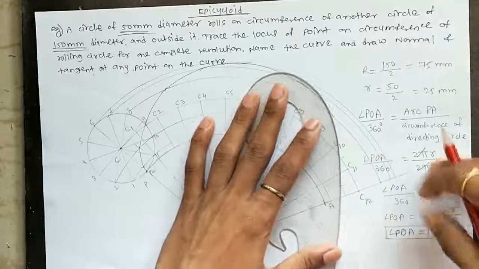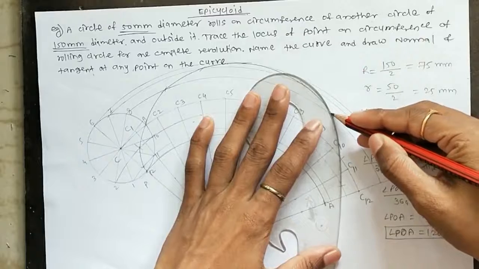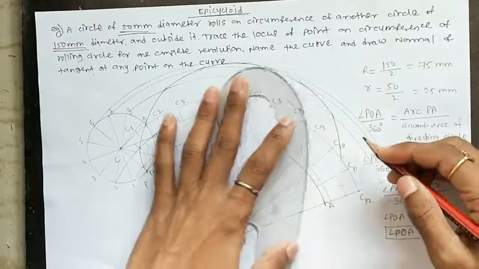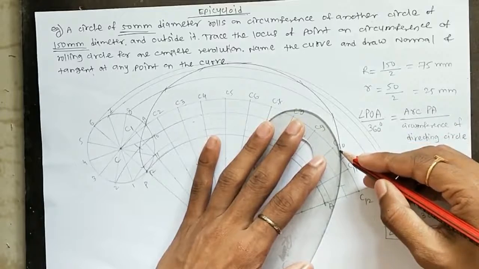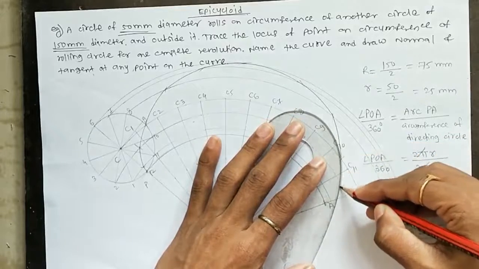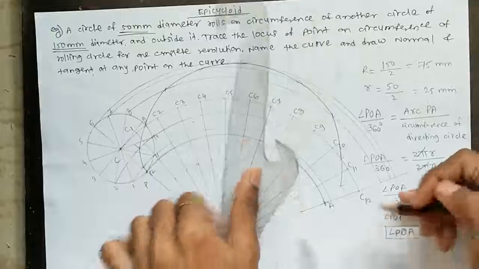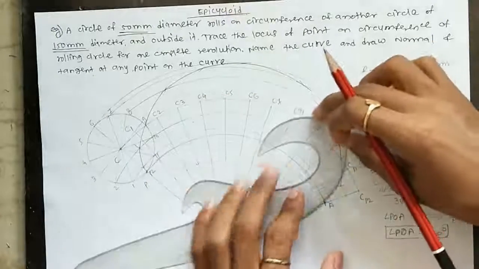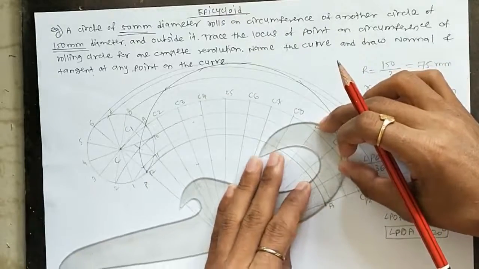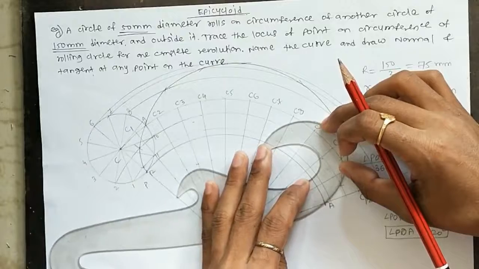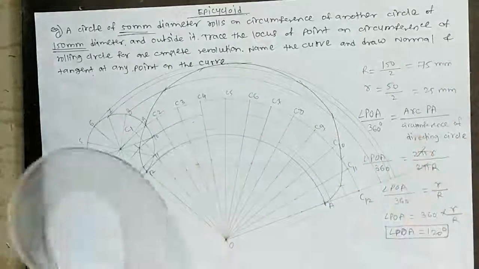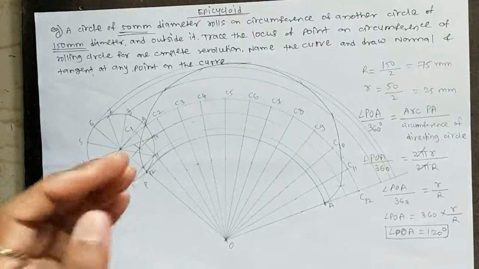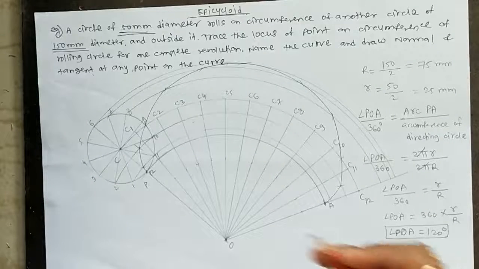Then next point to point A and give names to all these points.